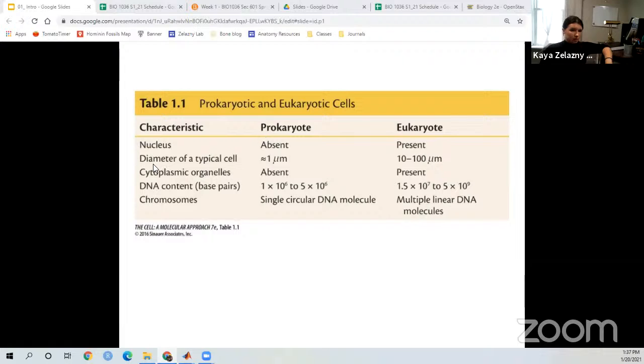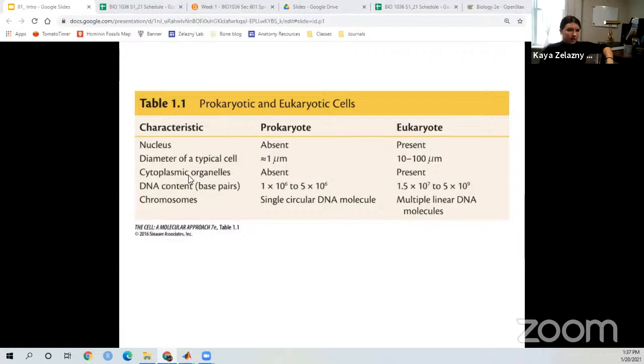Another difference that we'll notice is size. So prokaryotes are very small, eukaryotes are larger. We'll also see that prokaryotes don't have organelles while eukaryotes do. So things like mitochondria, for example, you will not find them in a prokaryote, you will in a eukaryote.